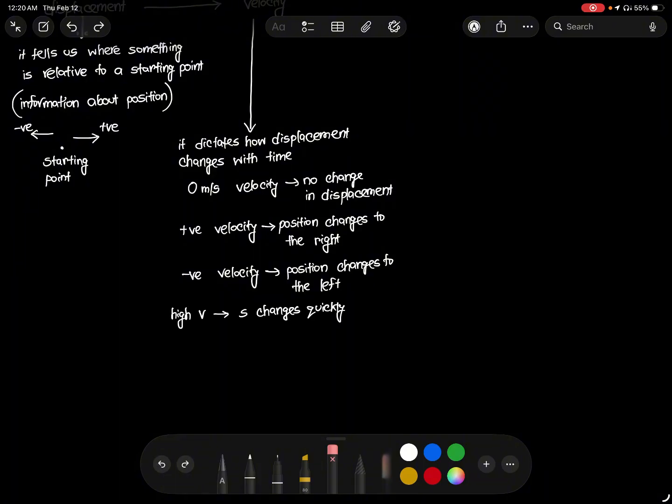And if the velocity is high, that means the displacement changes quickly, and in which direction the displacement will change will depend upon the direction of velocity. And if the velocity is low, then the displacement changes, but slowly. And again, in which direction the displacement will change will depend upon the direction of the velocity.